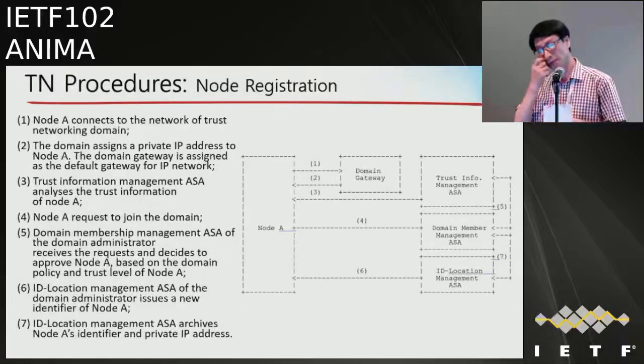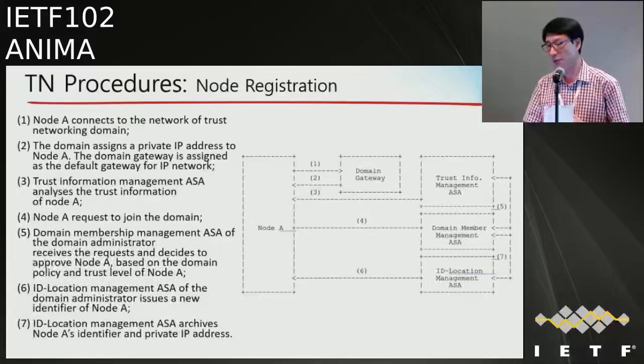In the draft, as a use case, we defined two procedures. One is for node registration, for an autonomic node to register as a trustable entity within the domain. You can see one node in the diagram interacting with a domain gateway. The domain gateway assigns a private IP address to the node, and the domain gateway is also assigned as the default gateway for the IP network.